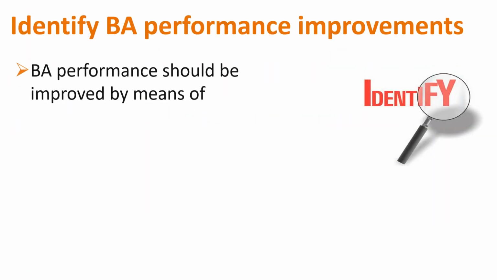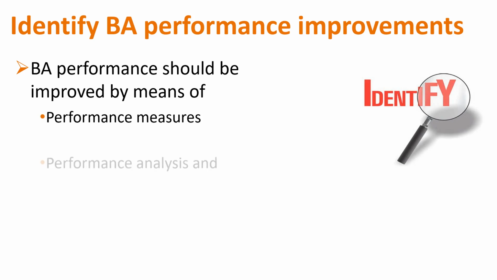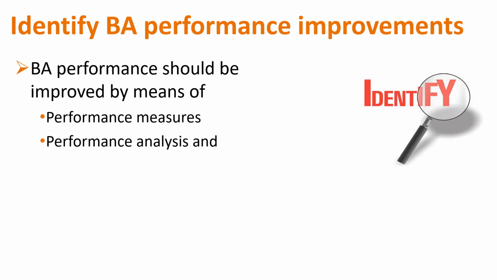So first, we want to identify improvements that we can make. So we should look for improvements through measuring performance, right? We're going to have measurements that we gather, and that could be stuff like how many times did we have to go through peer review? How hard has it been to get approval? How many requirements bugs were found in the QA process?